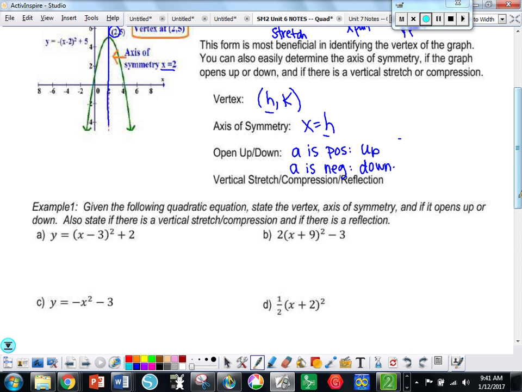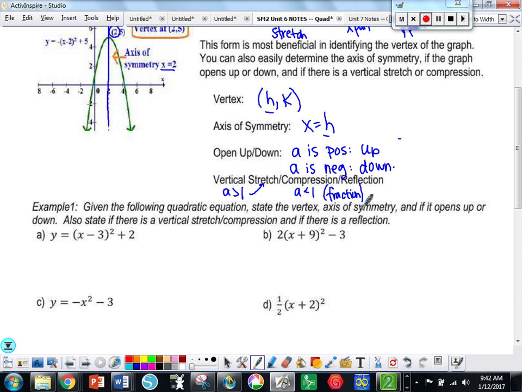And the vertical stretch, compression, reflection, those all have to deal with A as well. If A is greater than 1, I'm going to call it a stretch. What happens is you take the parabola and pull it tighter, so it looks like it's been stretched vertically. So vertical stretch. If A is less than 1, or if it's a fraction, so 1/2, 1/3, 2/5, 7/8, I'm going to call it a compression.